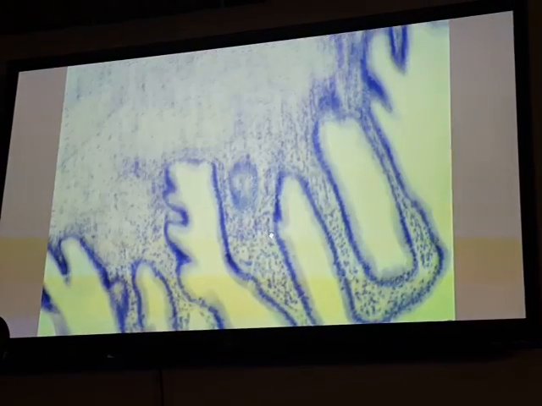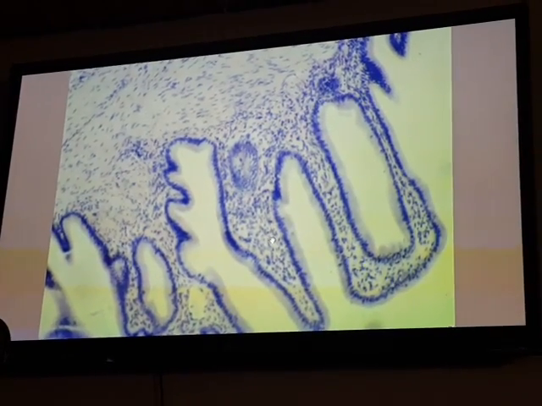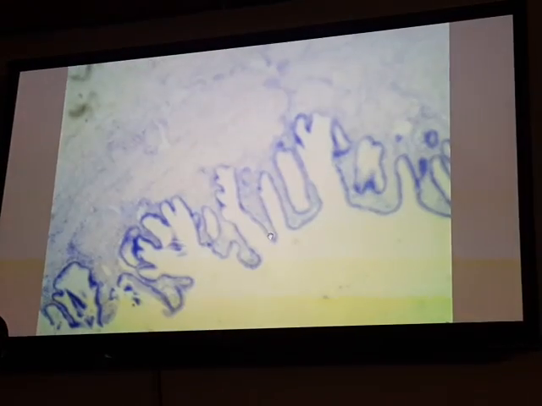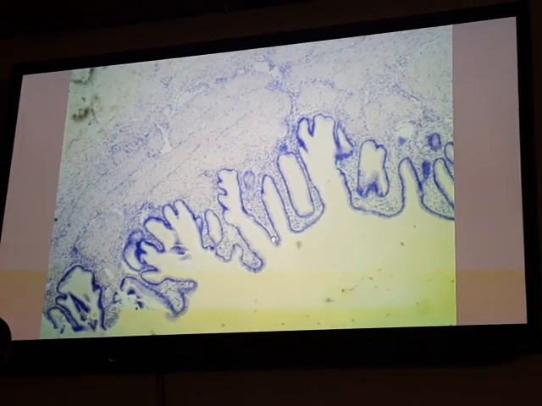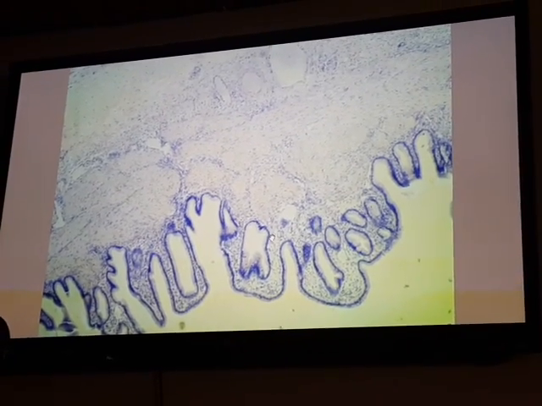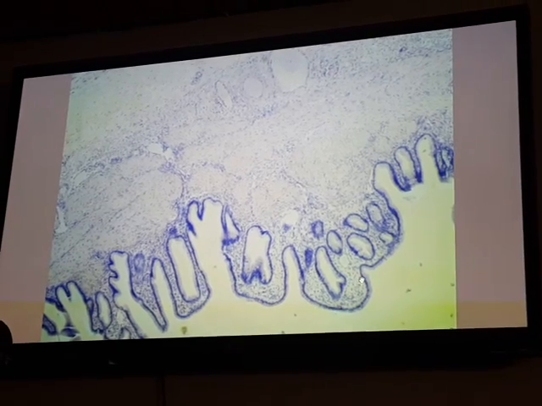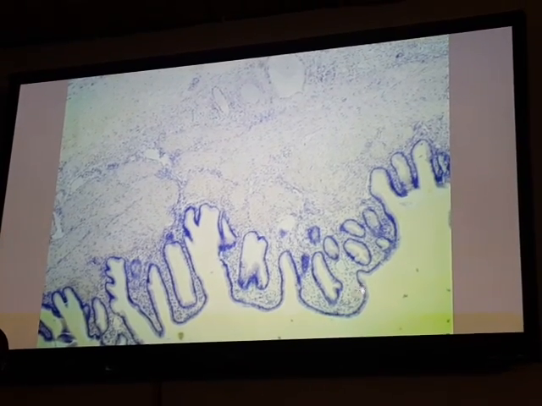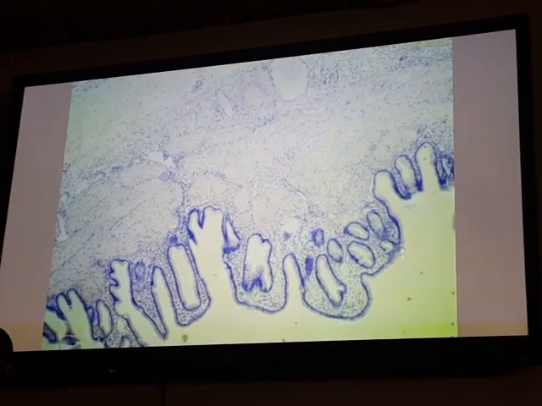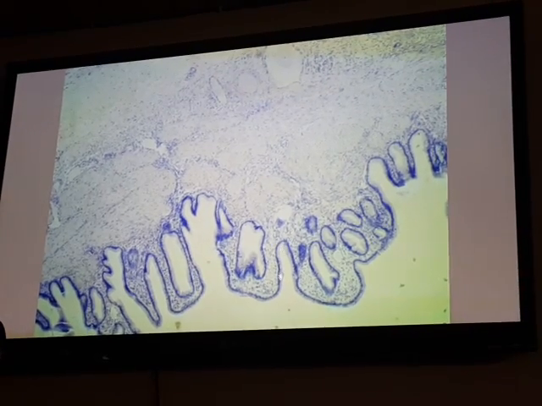Second slide is section in the gallbladder. Gallbladder is a hollow, pear-shaped structure. The mucosa is composed of simple columnar epithelium. This is simple columnar epithelium.